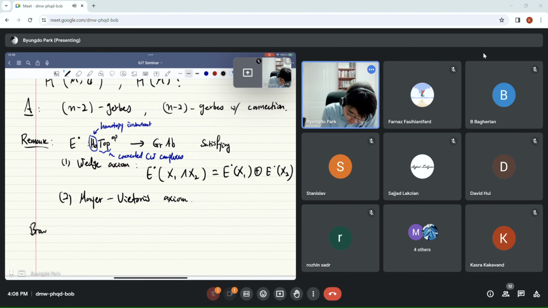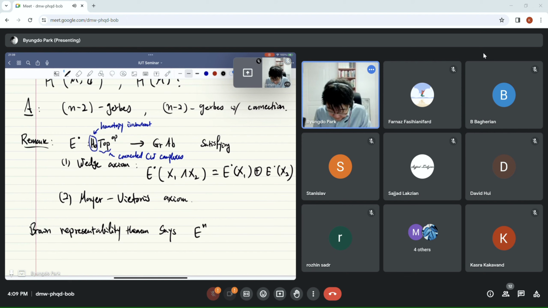Brown representability says each E n is representable, i.e., E n of blank is equivalent to pi naught of maps from blank into some classifying space, some object in your category.